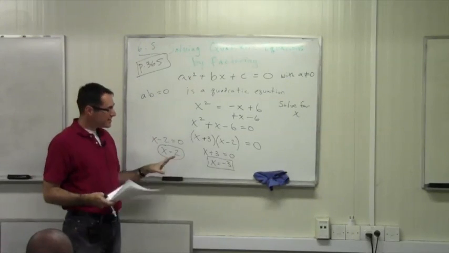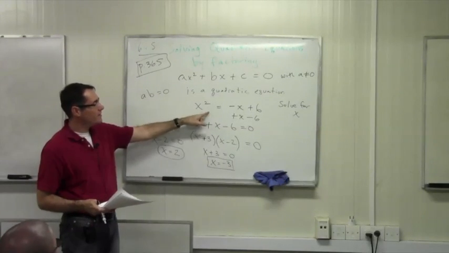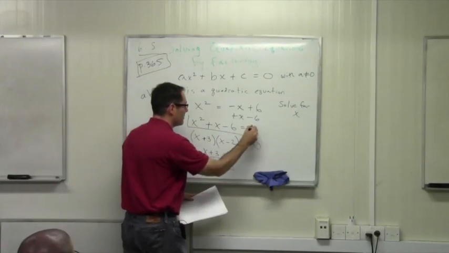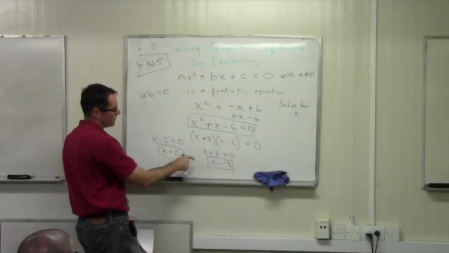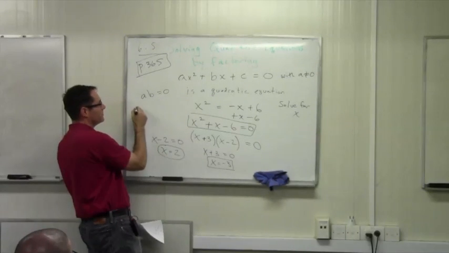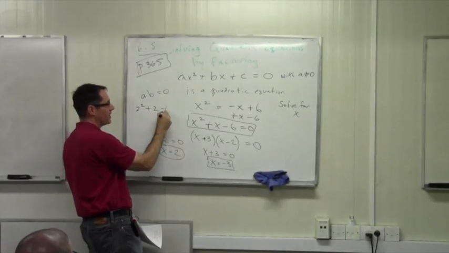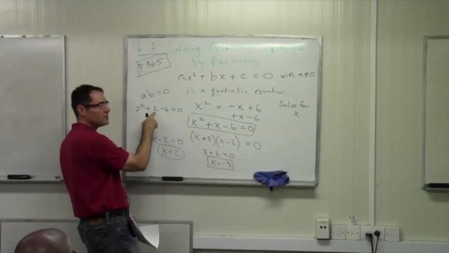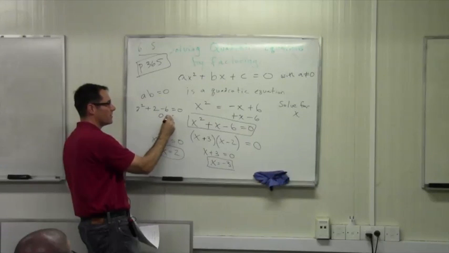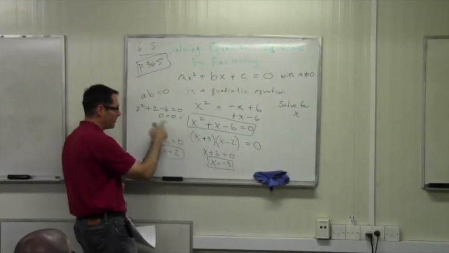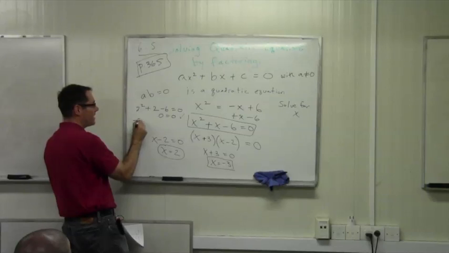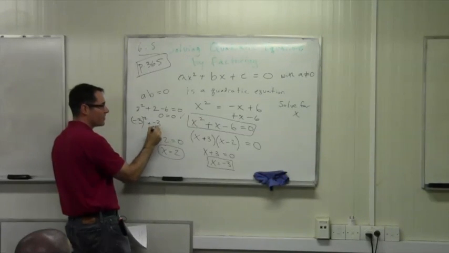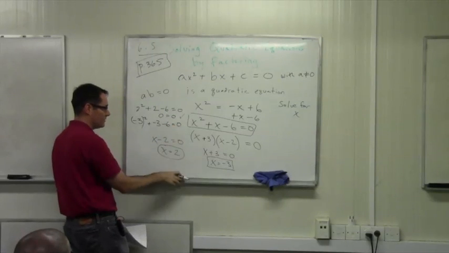We can check this. Let's check both of these answers and see if they fit in the original equation. If we plug in 2, we get 2 squared plus 2 minus 6 equals 0. What's 2 squared? 4. 4 plus 2 is 6, minus 6 is 0. 0 equals 0. That works. Let's try negative 3. Negative 3 squared, and I've got to put the parentheses in there, plus negative 3 minus 6 equals 0.